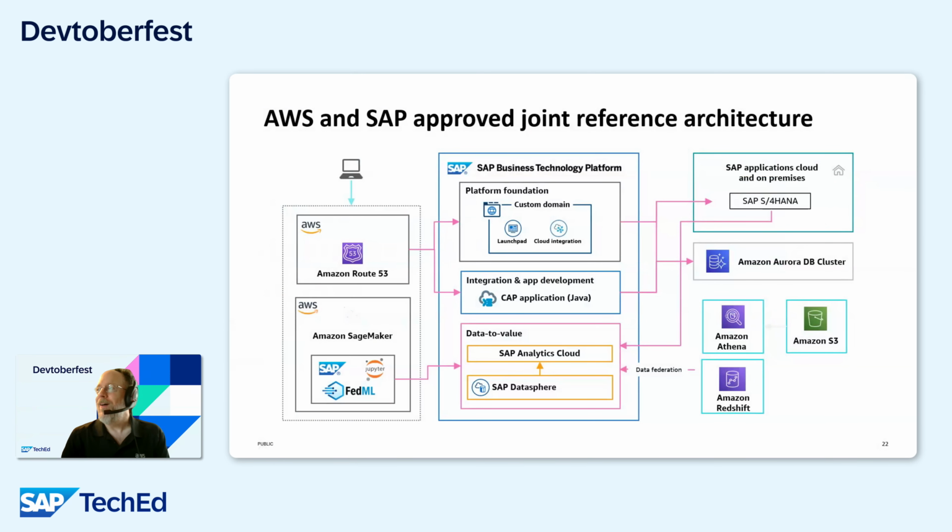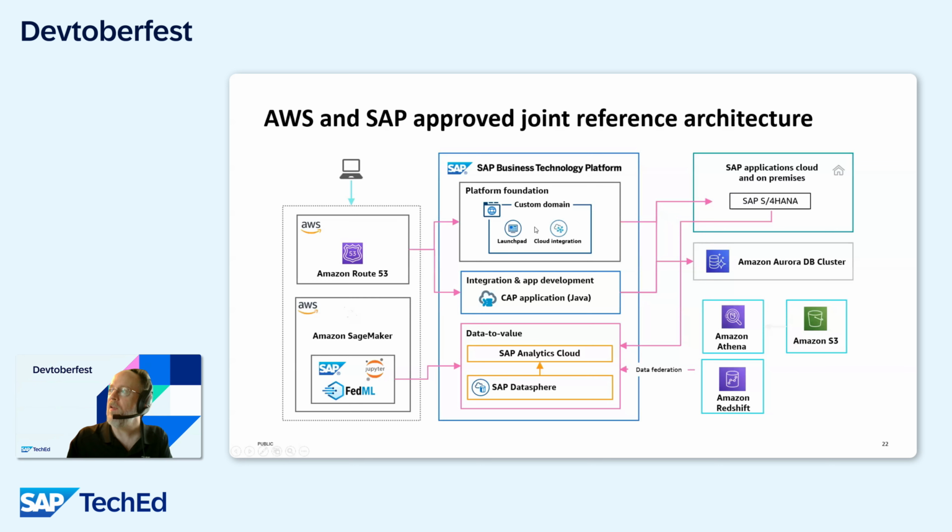Now, one last point about where AWS fits in the universe. We have this joint reference architecture that we've collaborated with SAP to define, the constellation of the universe. And at the center of the universe is BTP services.